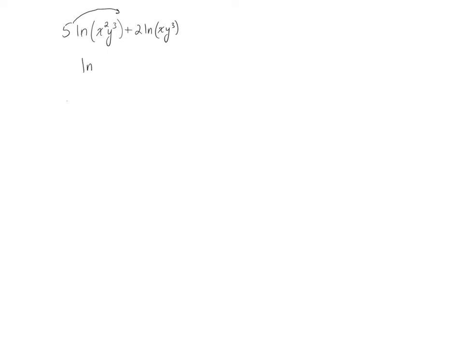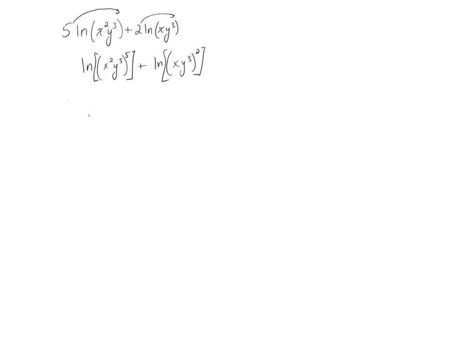So we could rewrite this as x squared y cubed being raised to the 5th, and we're taking the ln of that stuff. And of course this 2, we can do the same thing. We're adding the ln of xy cubed, and that's being squared, and we're taking the ln of all that stuff. Now we can just apply when you take a power up to a power, you multiply those exponents.